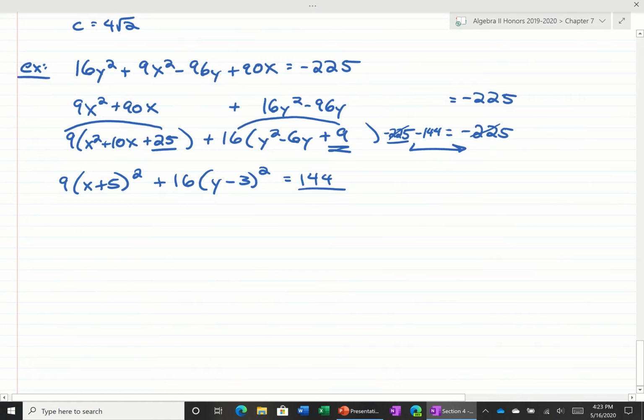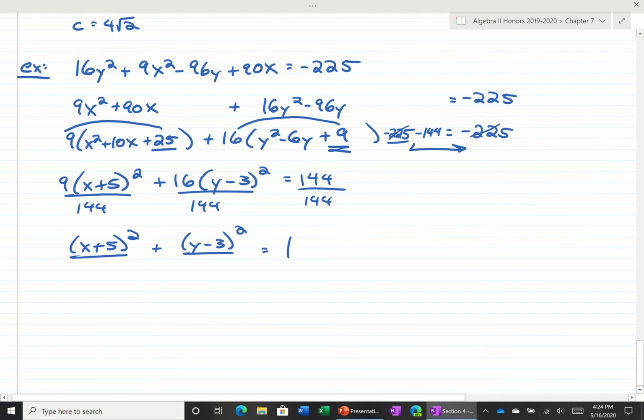We could divide everything by 144. And this would be x plus 5 squared plus y minus 3 squared. And 144 divided by 16, this would be 9, this would be 16.